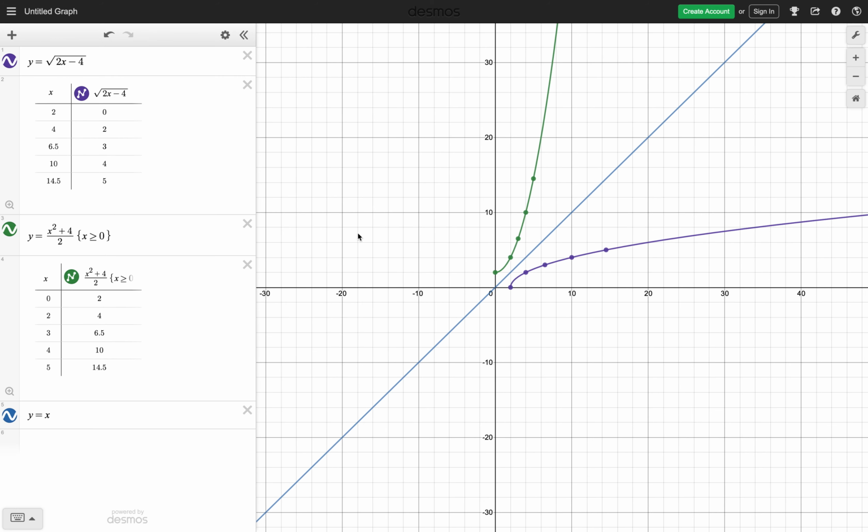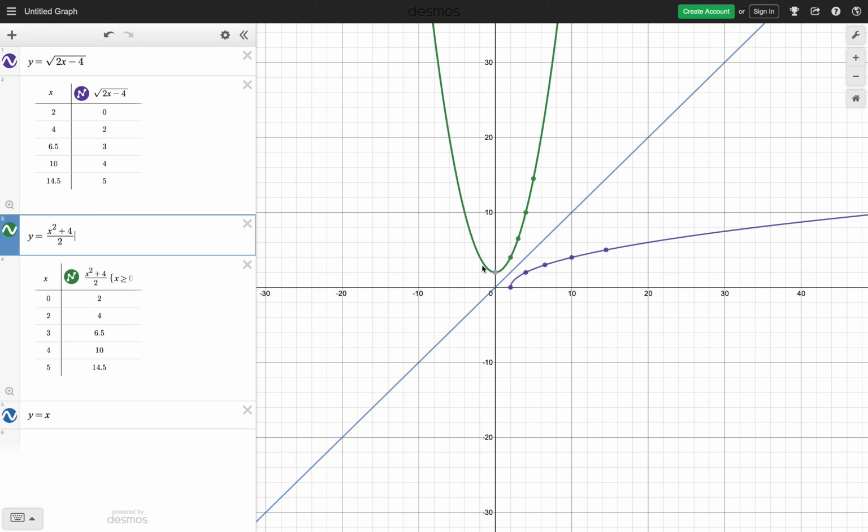For y is equal to the square root of 2x minus 4, and y is equal to 1/2 of x squared plus 4, I have the added condition that x is greater than or equal to 0. I wanted to show that we do have symmetry with respect to the line y is equal to x. The reason I'm adding this condition for the inverse is that if I went by just the function alone and said the domain of the inverse would be the set of all real numbers, notice I would have the left half of the entire parabola that represents 1/2 of x squared plus 4.